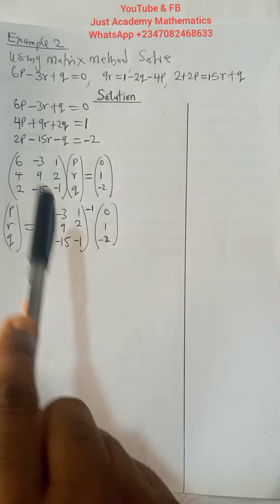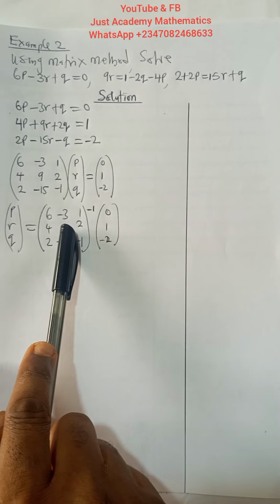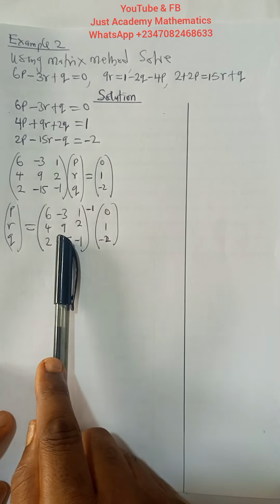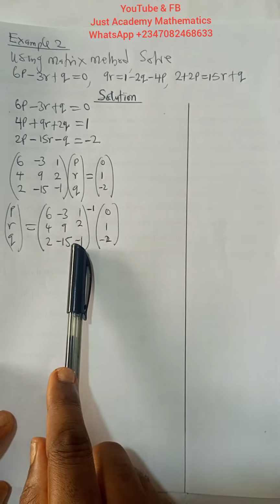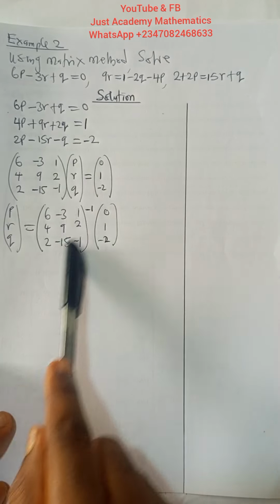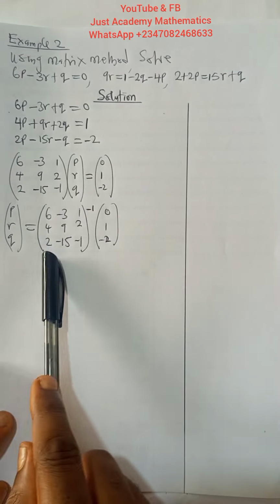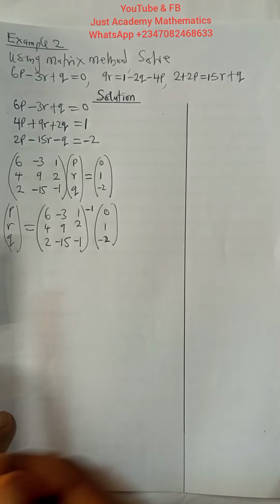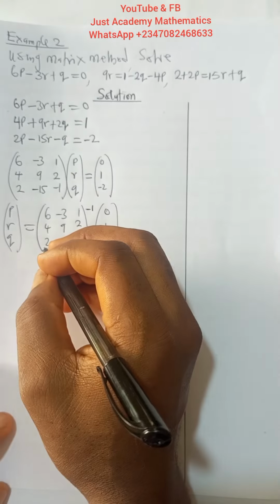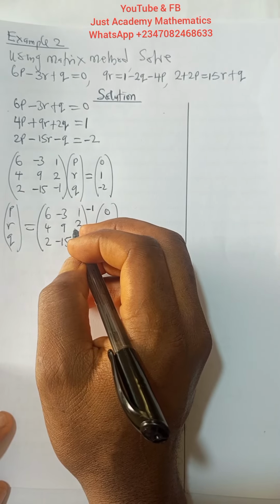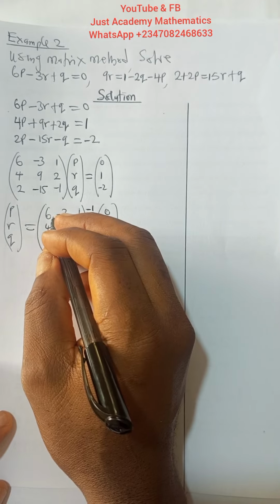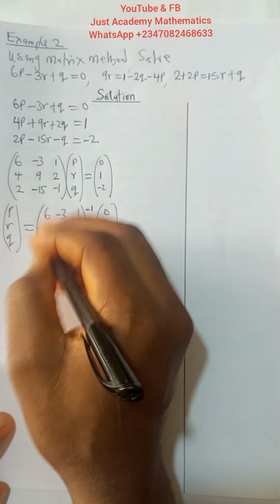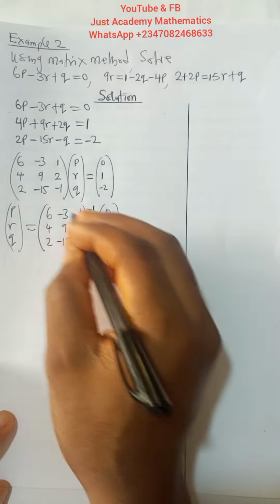And the inverse is one over the determinant times the transpose of the cofactor. So if we liken this matrix to be matrix A, we can go straight and find the determinant.